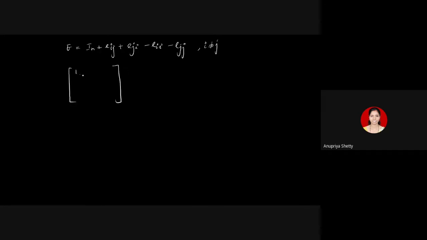So 1 is there, there is 0, there is 0, and there is 1 again. This is the ith row place, and in the jth place there is 1. This is the jth row. There is 1 here in the jith position, and this is 0 in the jth position. I'm looking at EA now.